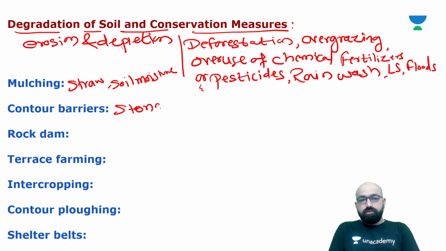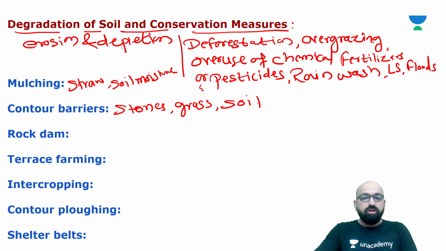So stones, grass, soil are used to build barriers along contours.